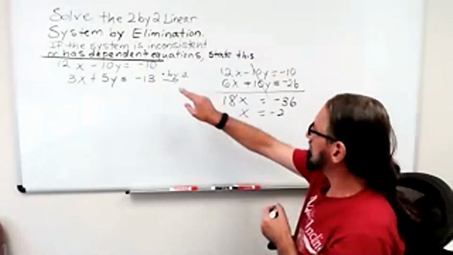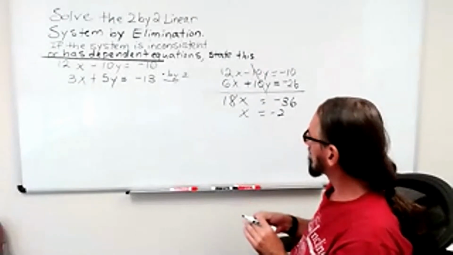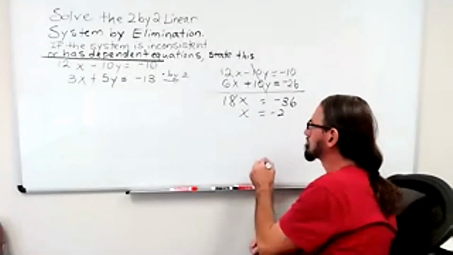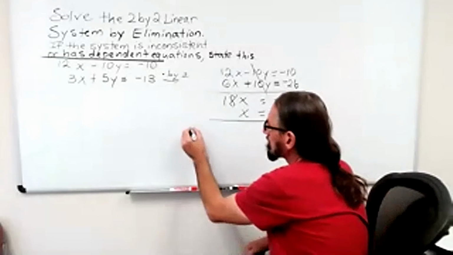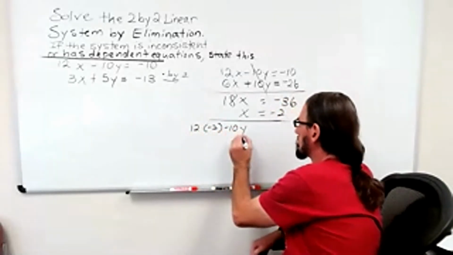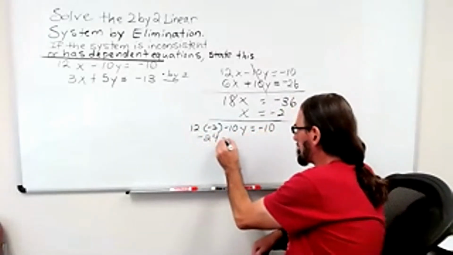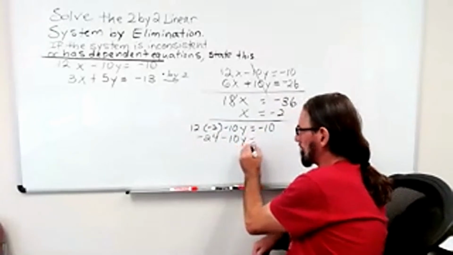I had not changed the first equation, so I'm going to plug negative 2 into that one. Clean up the arithmetic.